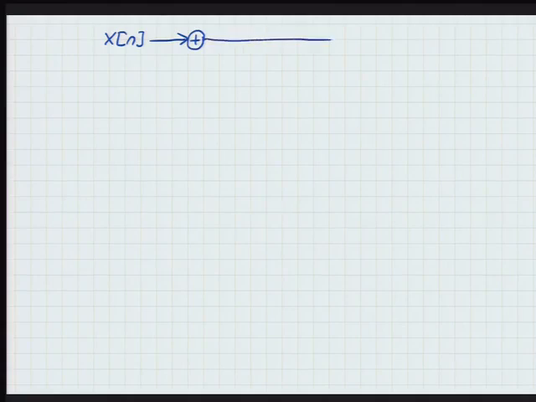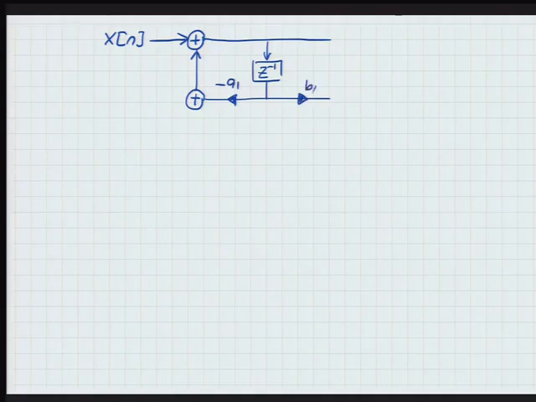All right, so this is our system. One delay here, and then it splits into 2. Negative A1 goes here. B1 goes here.